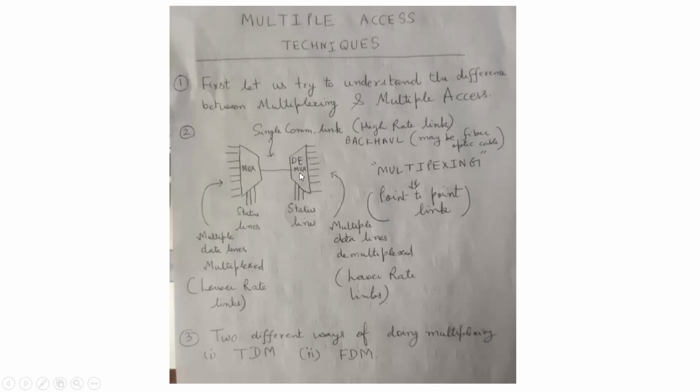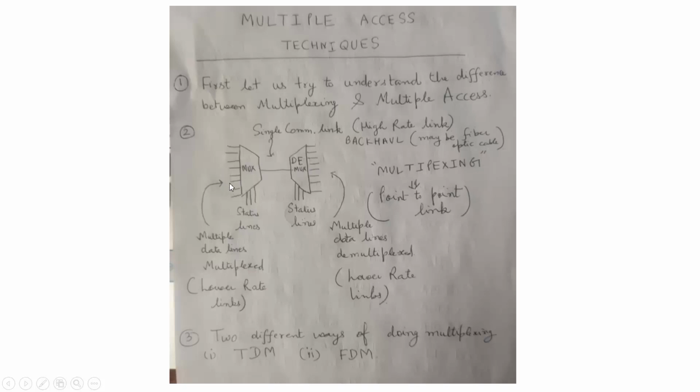And a demux or demultiplexer will be controlled through these status lines to establish the connection between one of the multiple lines at the input of the mux and one of the lines at the output of the demultiplexer. So there is a point-to-point link that will be established between the transmitter and the receiver.